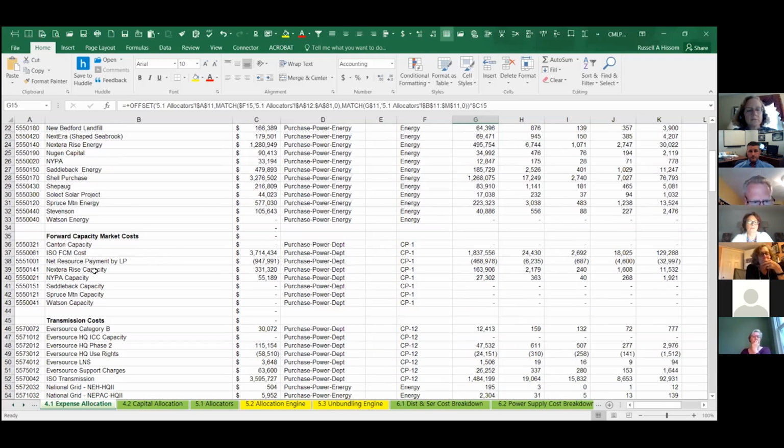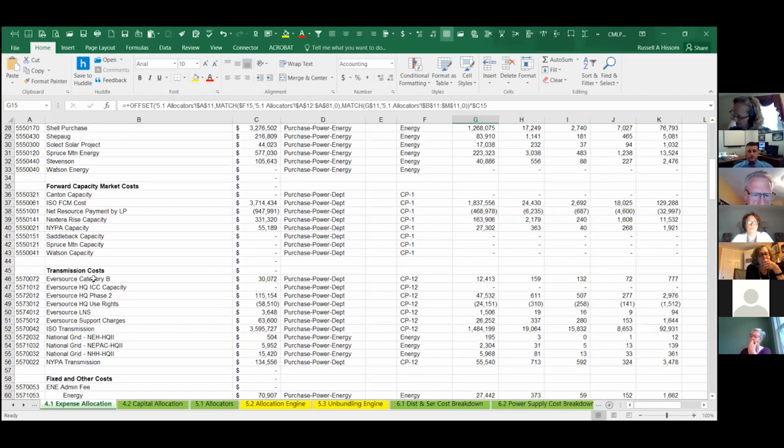Okay, so you're collecting the cost of capacity in the fixed charge. Correct. That's why it's so high.